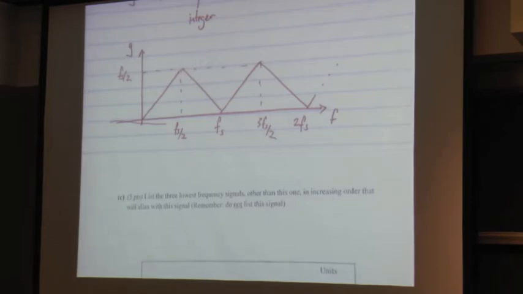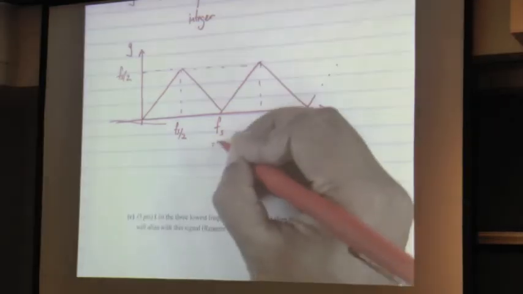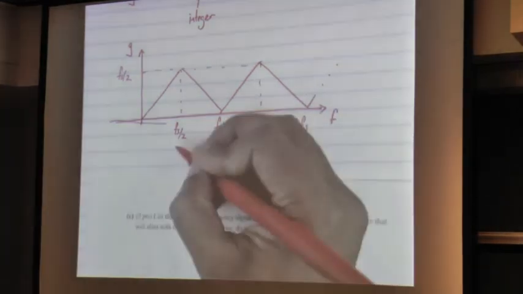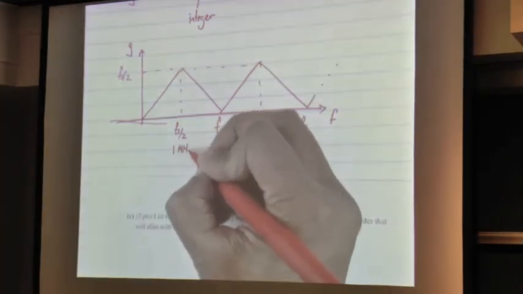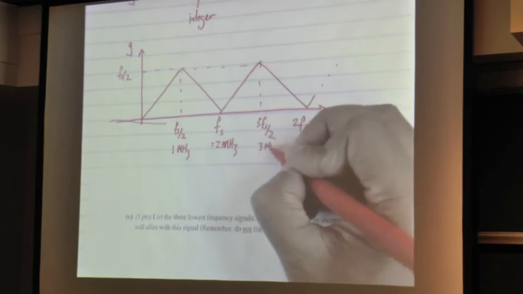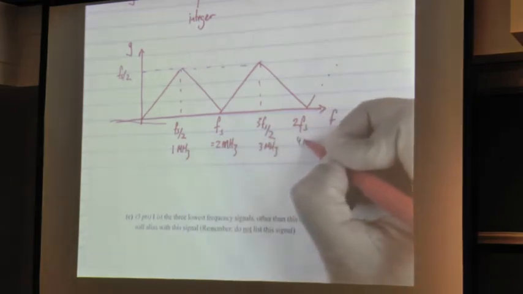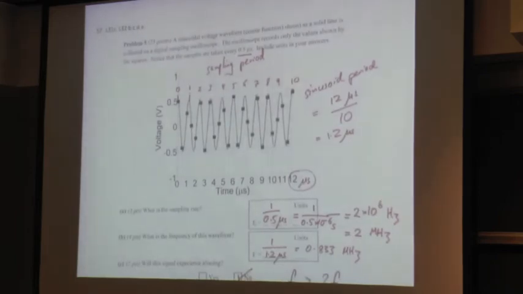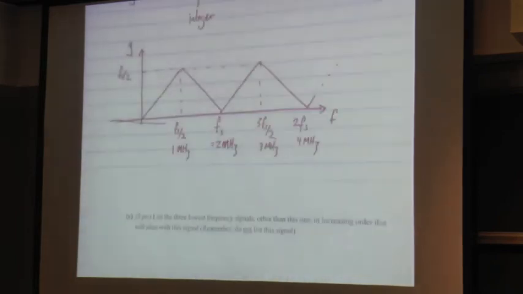We know that F sub S is equal to 2 megahertz, and therefore this over here is 1 megahertz. That point is 3 megahertz, and that one is 4 megahertz. That comes from an earlier part of the question, what we derived back in part A.